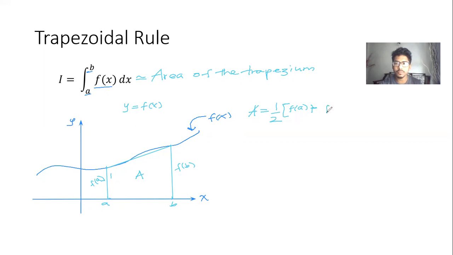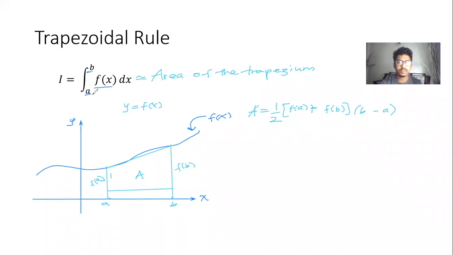So here this is f(b), multiplied with the perpendicular height, this height from here to here. So this perpendicular height between these two lengths is b minus a. That height can be calculated by b minus a. So that is the area of this trapezium.